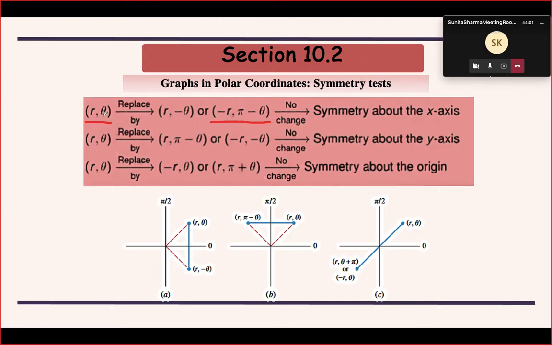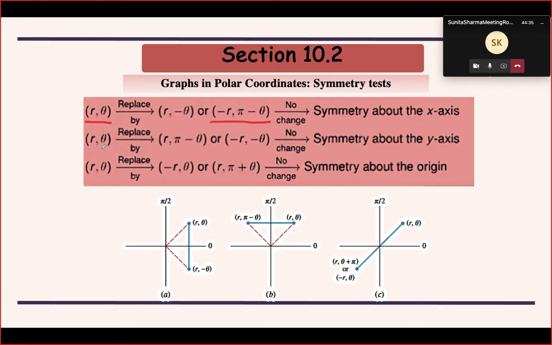Either change only theta to minus theta and check if there is a change in the equation or not, or second, replace both r and theta by these two expressions and see if it changes your function or not. If it is not changing, then again there is symmetry. So symmetry can be governed by the first type of replacement or the second type, but only one of them will work for any one question. So you can check these.